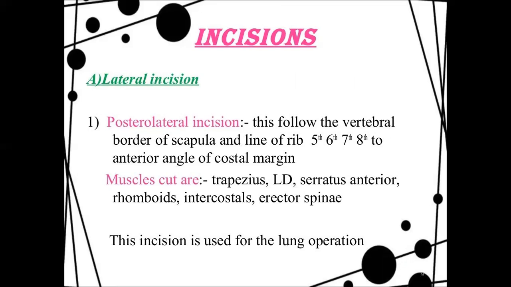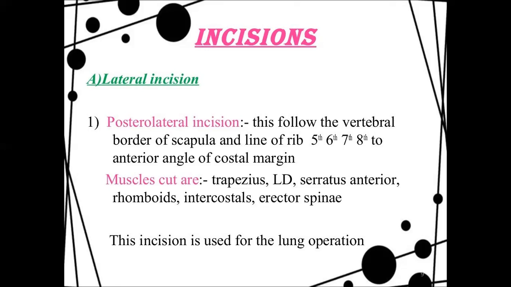Incisions. Lateral incision, or posterolateral incision. These follow the vertebral border of the scapula and the line of the rib, 5th, 6th, 7th, 8th, to the anterior angle of the costal margin.